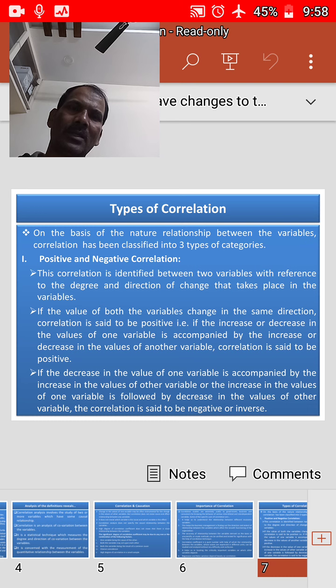If price decreases, demand decreases; price increases, demand increases. This is called positive correlation between the two variables, demand for gold and price, right?